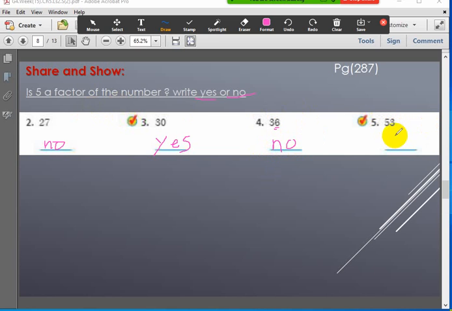Can I divide 53 by 5? Look, the ones digit here is 3, and the ones digit must be 0 or 5. So I can't divide it by 5. That means 5 is not a factor of 53. So the answers here are no, yes, no, no.